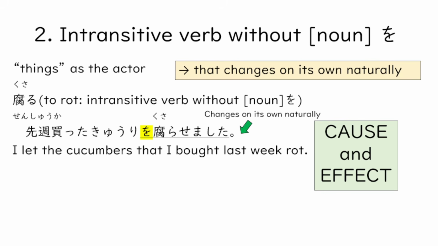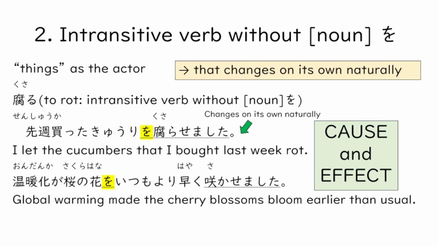Let's look at another example. 温暖化が桜の花をいつもより早く咲かせました。Global warming made the cherry blossoms bloom earlier than usual. This sentence is also perfectly natural because blooming is another change that occurs naturally. Once again, we have a cause and effect relationship. The cause is global warming, and the result is that the cherry blossoms bloom earlier than usual.